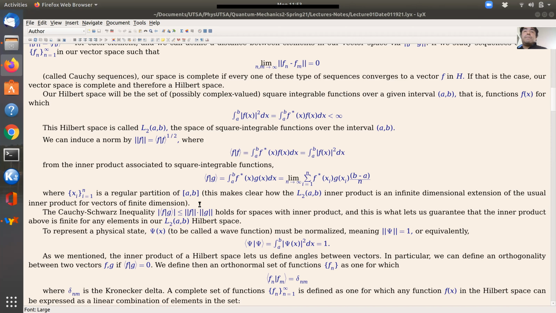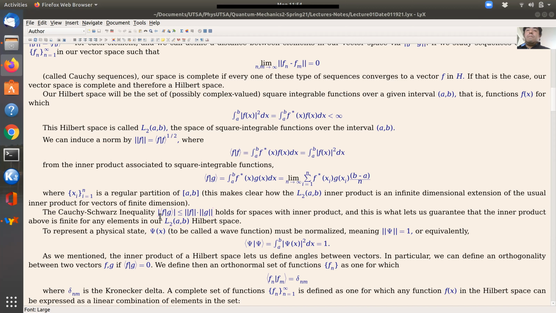There is a very famous inequality, which is called Cauchy-Schwarz inequality, which tells you that the absolute value of the inner product of f and g is less than or equal to the norm of f times the norm of g.